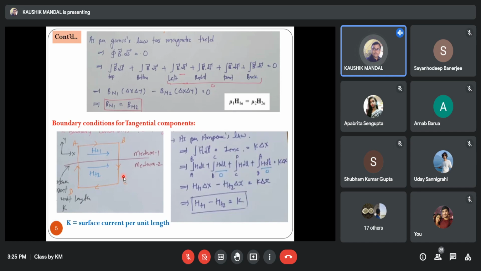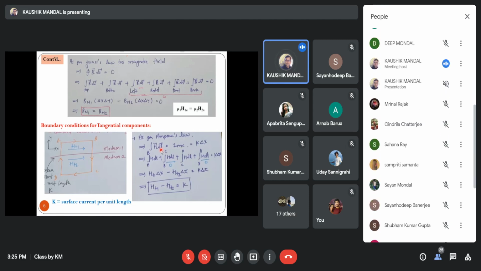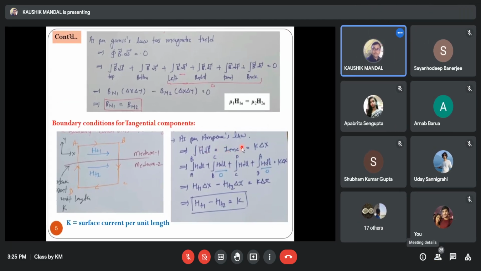Now we have to apply Ampere's law. As per Ampere's law, the line integral of the magnetic field intensity H, that is H dot dl, equals I enclosed. You have to follow the class, otherwise you will not understand today's class also.